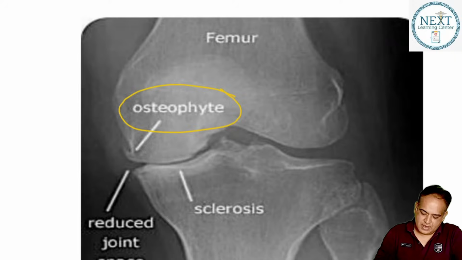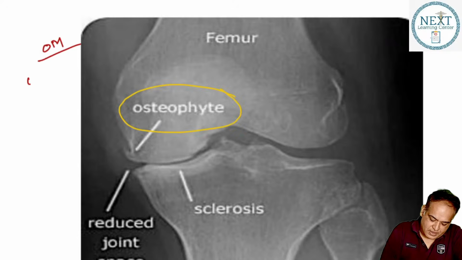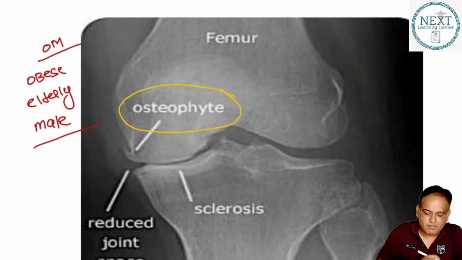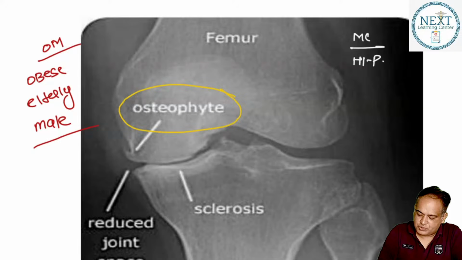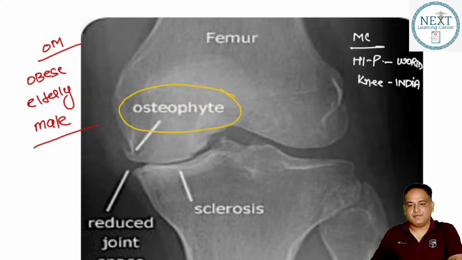Now, osteoarthritis, it is common in obese elderly male. They ask you the question, what is the most common joint? Most common joint is hip joint around the world, and it is knee joint in India.